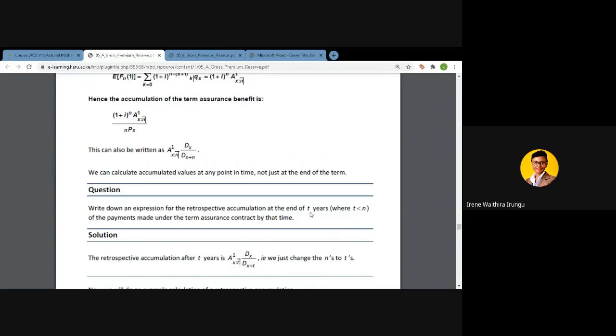So we must incorporate this probability below here of surviving from age x to x plus T.